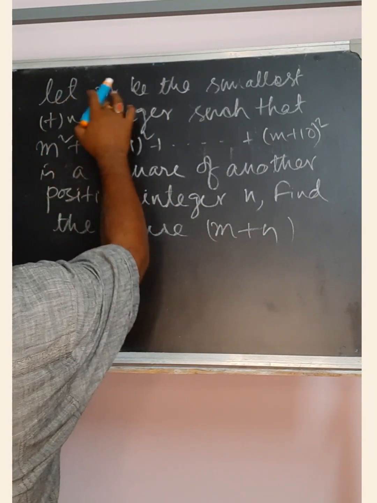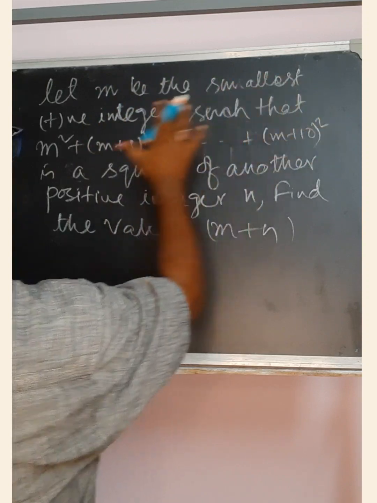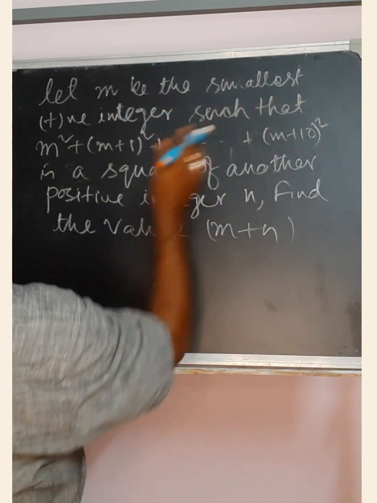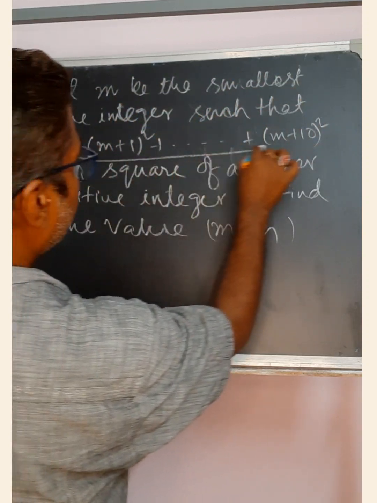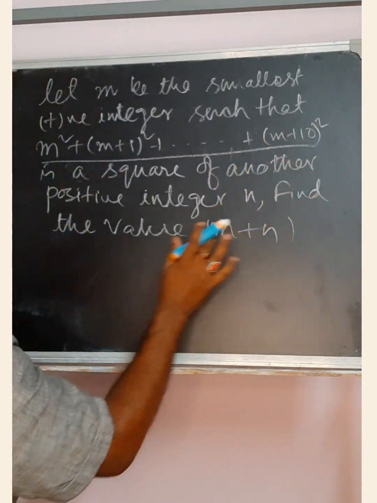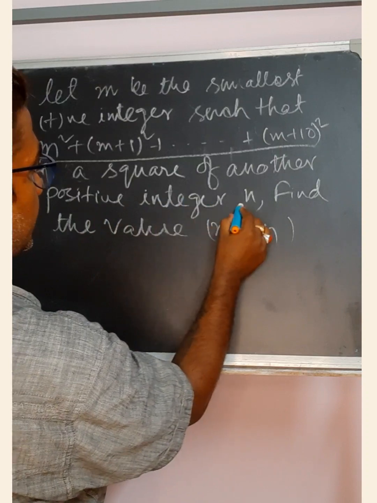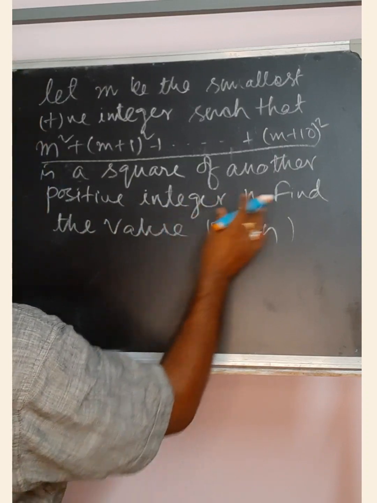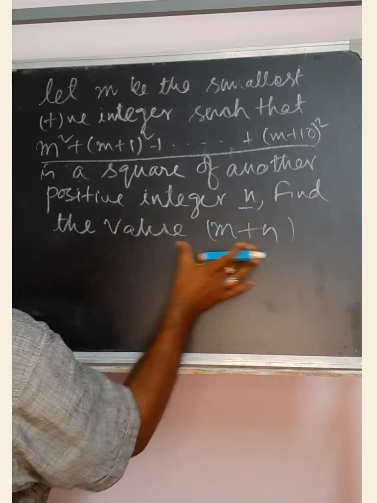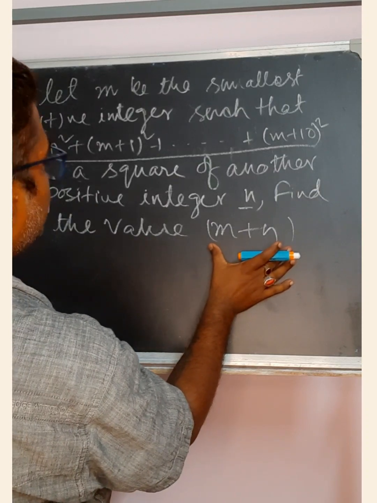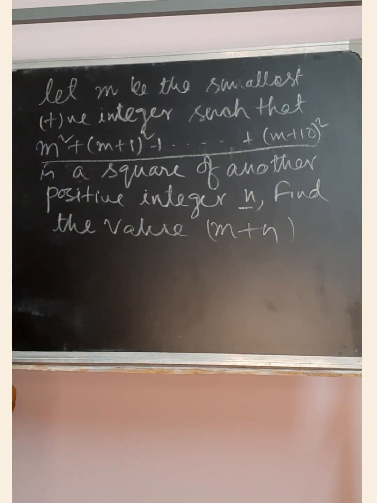It says, let m be the smallest positive integer such that this expression is a perfect square and is equal to another positive integer n. Okay, so then you have to find the value of m plus n. So this is your sum.